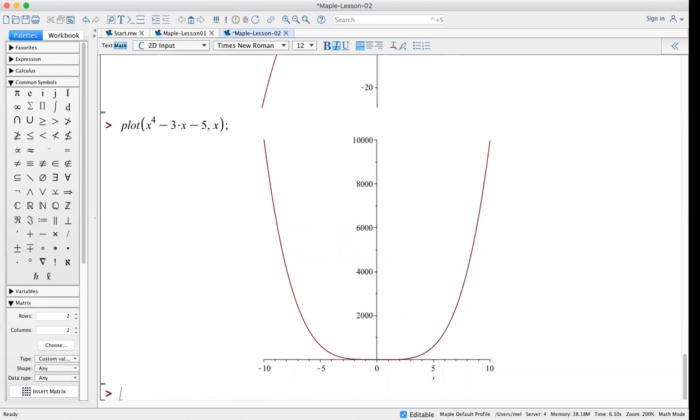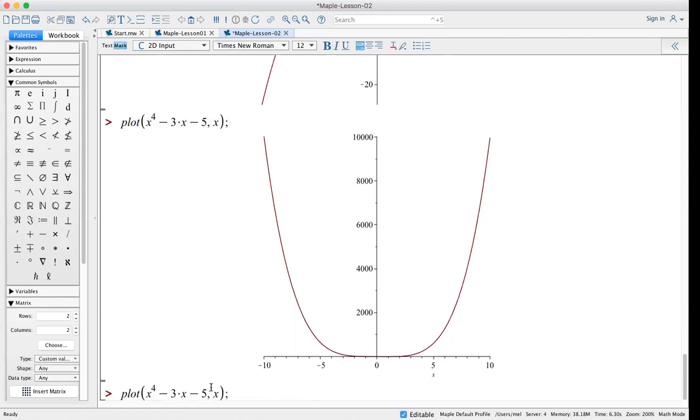Notice how fast it grows up. It's like -10 to 10 horizontally, something close to 0 to 10,000 vertically. Let's see what's happening down around here. That's kind of interesting.